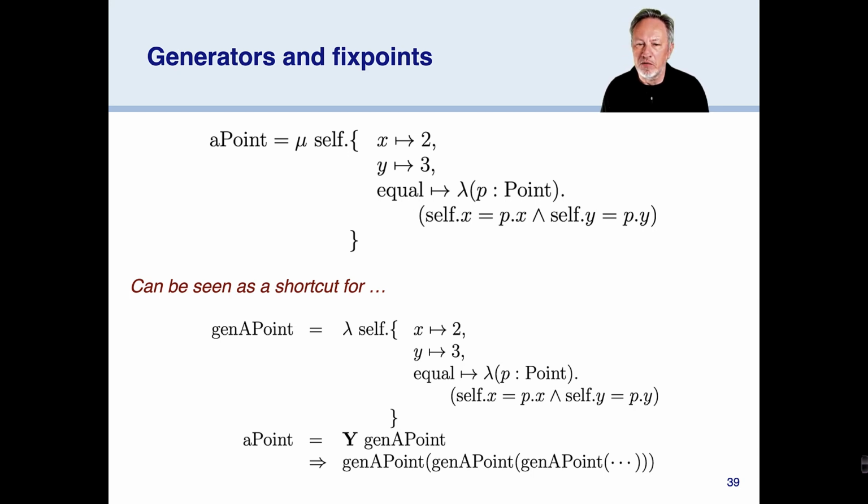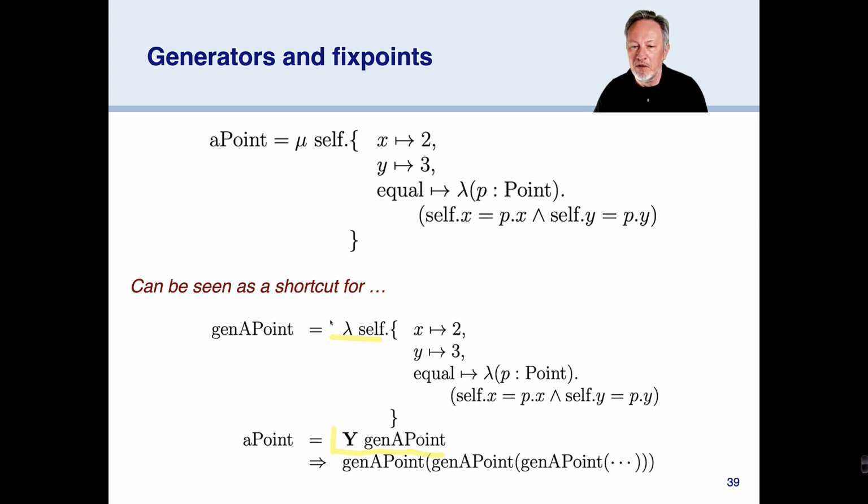So going back to the old lambda calculus, if we wanted to define this recursive function, we would have first defined a lambda which abstracts from self, and then we take a fixed point of it to bind self. So using, for example, the magical Y combinator. This recursively applies the generator to itself.